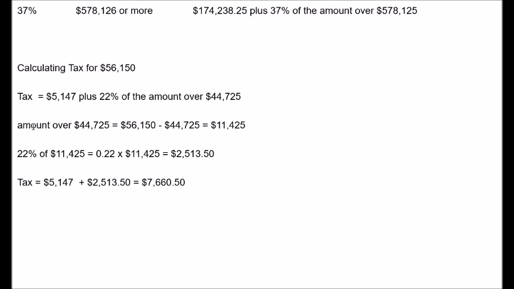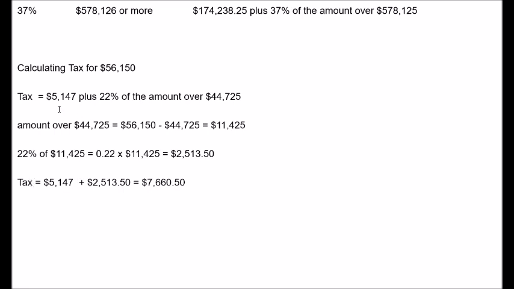And so the amount over $44,725 would be $56,150 minus $44,725, which is $11,425. 22% of 11,425 would be 0.22 times 11,425, which is $2,513.50.